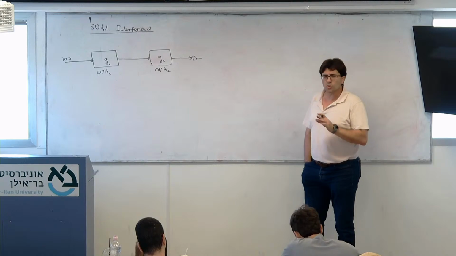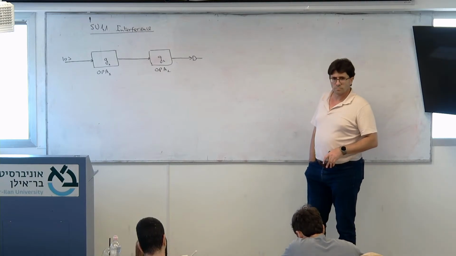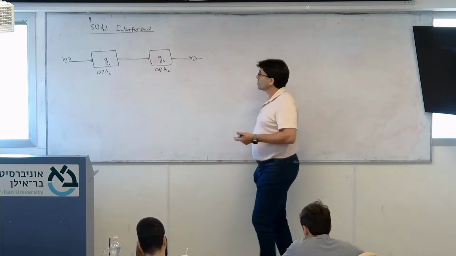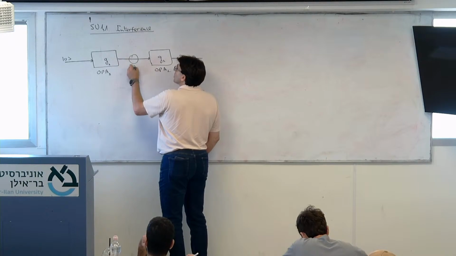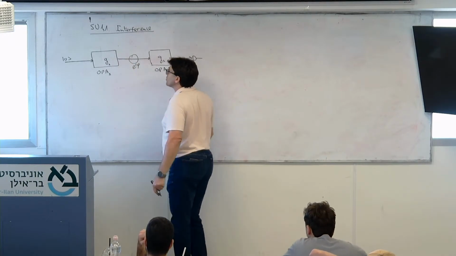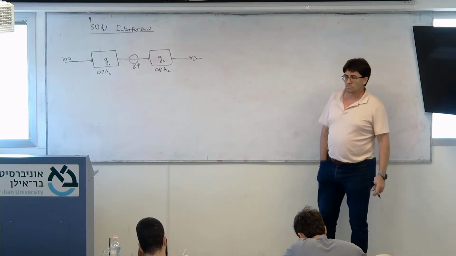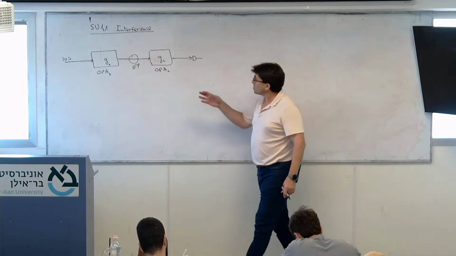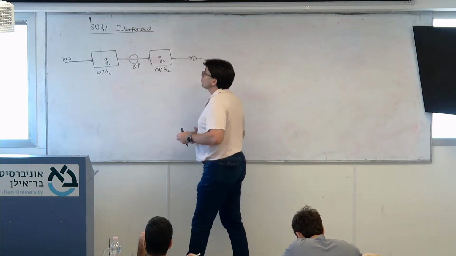So those are just two parametric amplifiers in cascade. But in between, I'll also add a phase, and this phase is what I would like to measure.